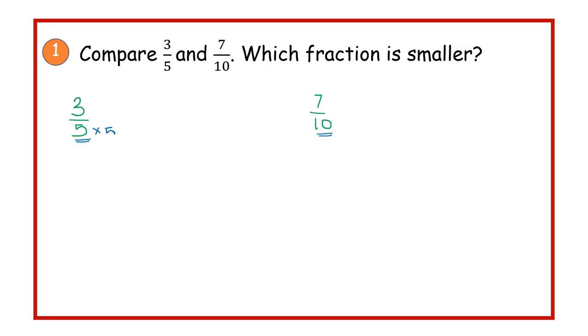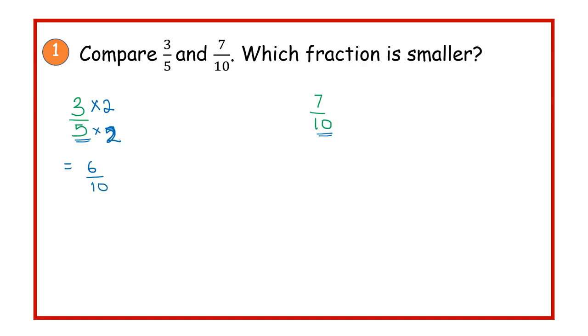So it means that we can multiply by 2, both the numerator and the denominator. Once we do that, we will get 6 out of 10.